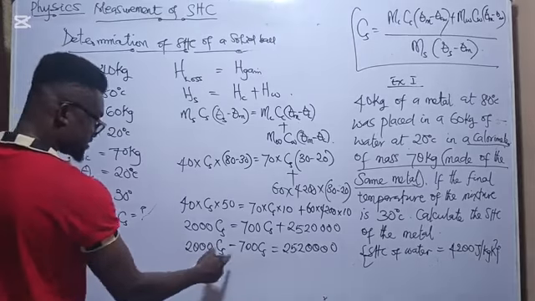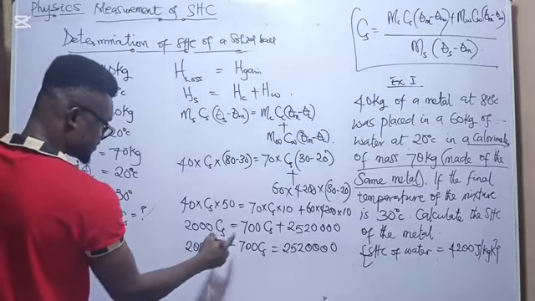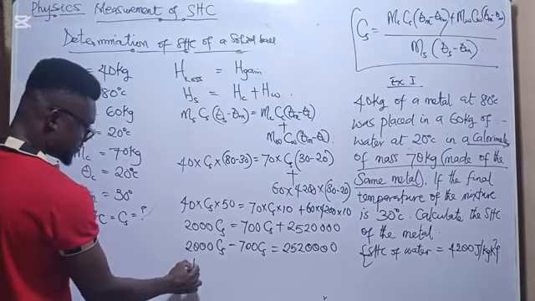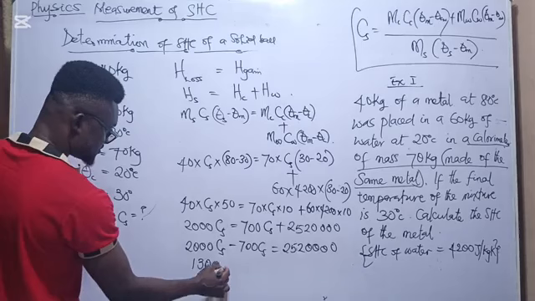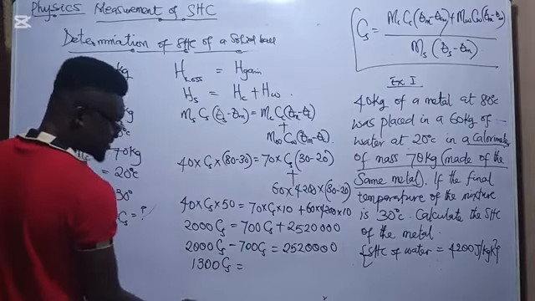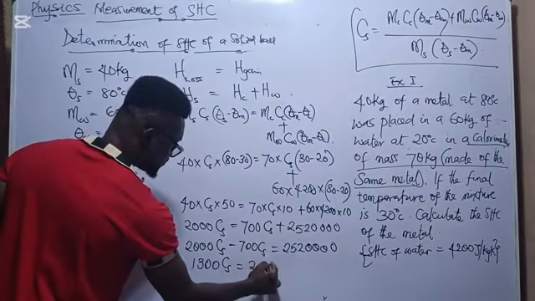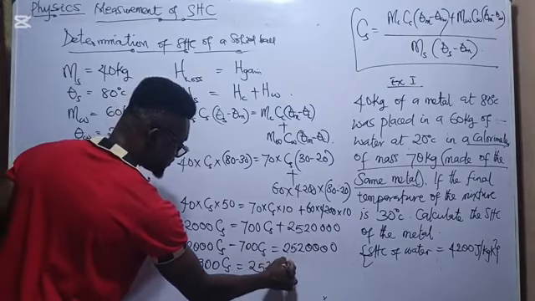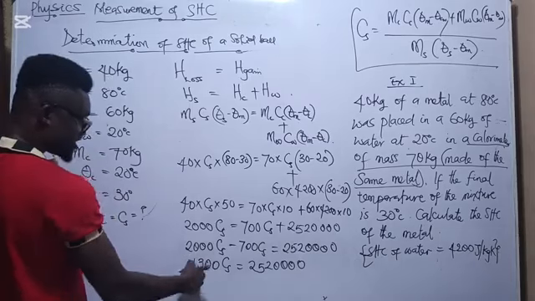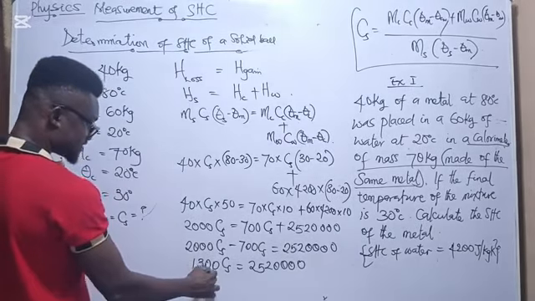So we subtract 2,000 minus 700. We are going to get 1,300 C of S, which will now be equal to 252,000.